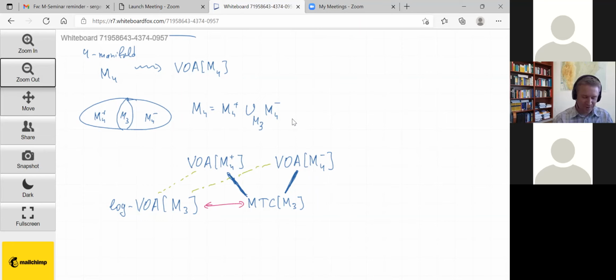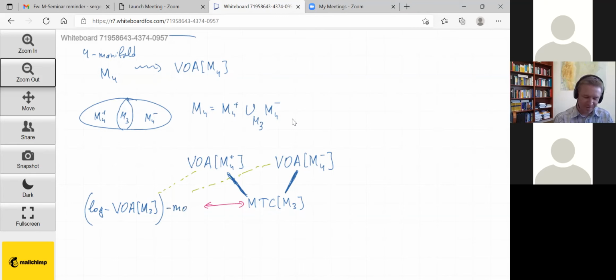So since you asked, let me try to make a little bit more precise statement. We can consider the representation category of this log VOA of M3. I'm going to erase this for a second. So log VOA of M3, and we're going to consider its analog of MTC. It's not quite an MTC because it's logarithmic.